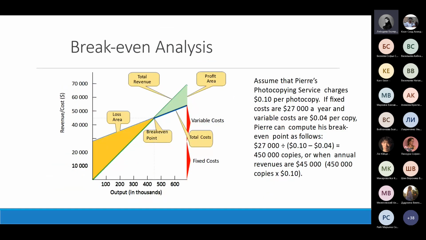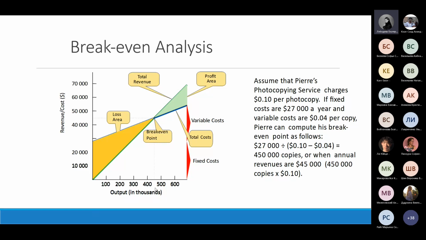And break-even analysis is also the analysis of the relationship between total cost and revenue. We have to develop two basic lines. This green line is the total revenue, which we calculate from the output.